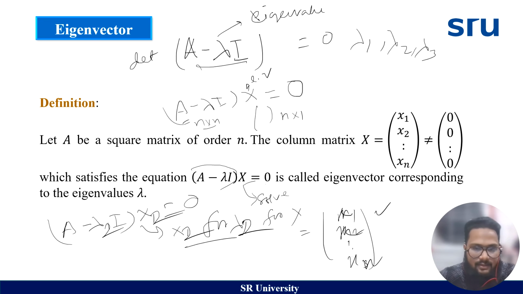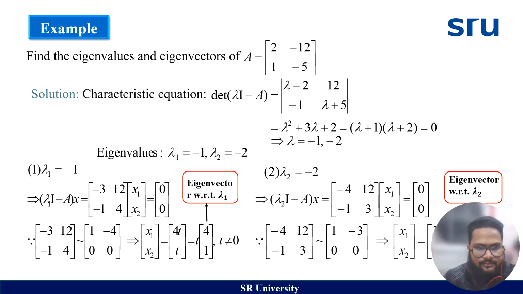Now we'll do the mathematical calculation. For the simplest understanding, we'll consider a 2 by 2 matrix to start. First of all, we have to calculate the eigenvalues, so we have to find the characteristic equation.